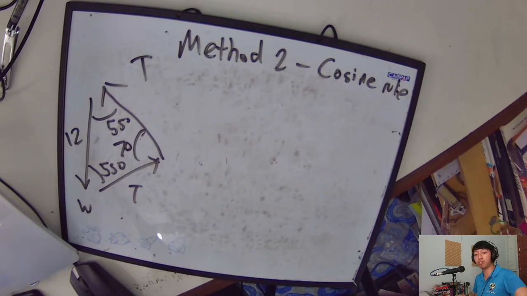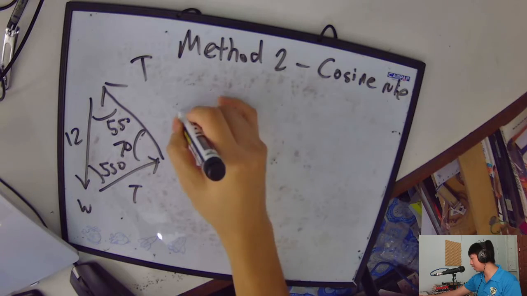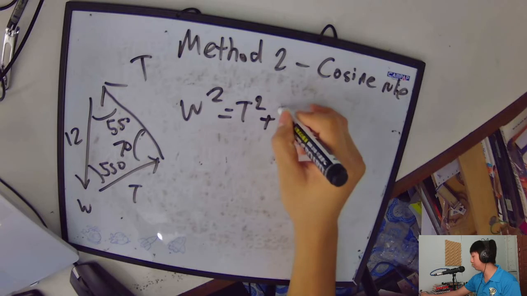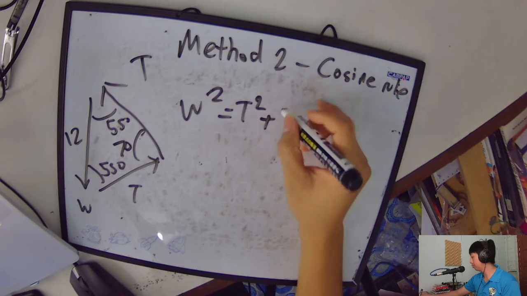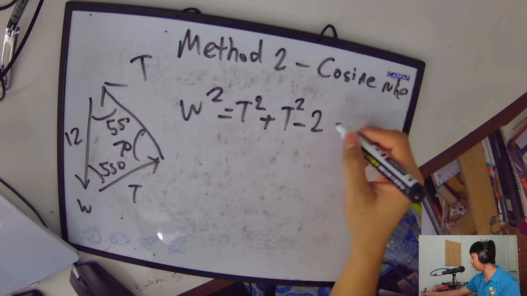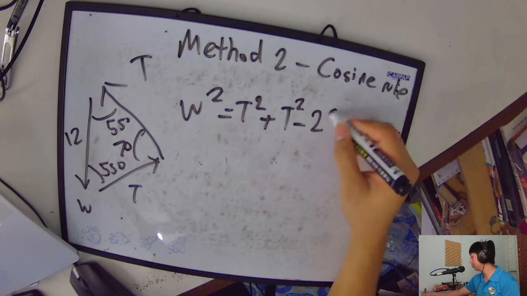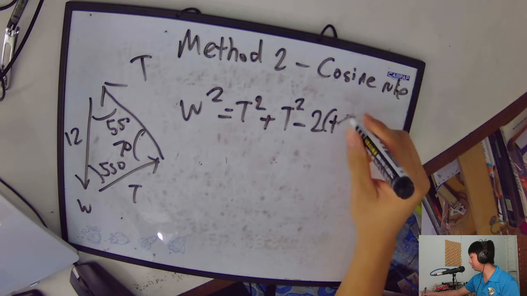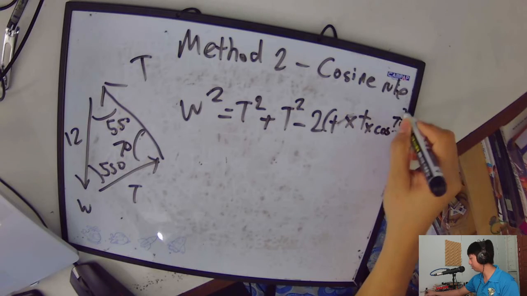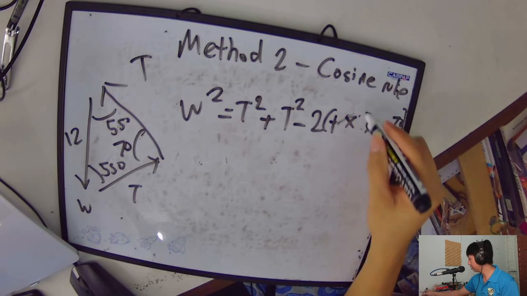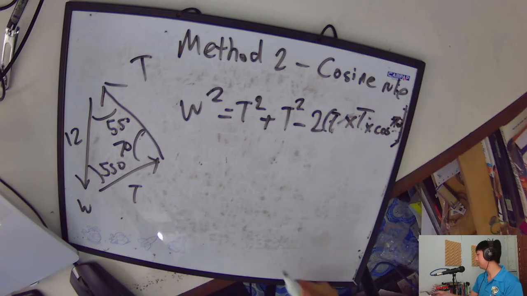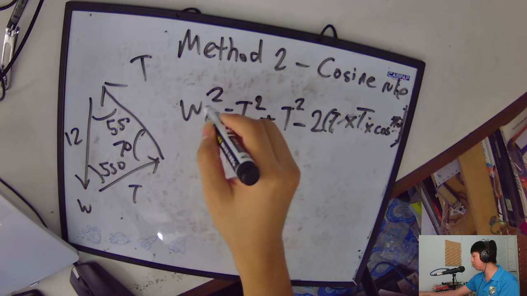It actually uses W. So W square equals T square plus T square minus 2 times T times T times cos 70.